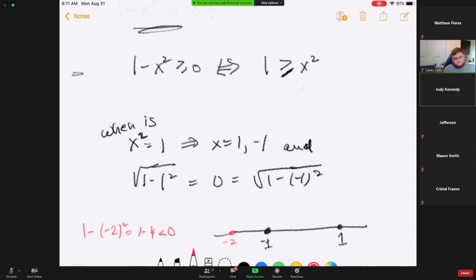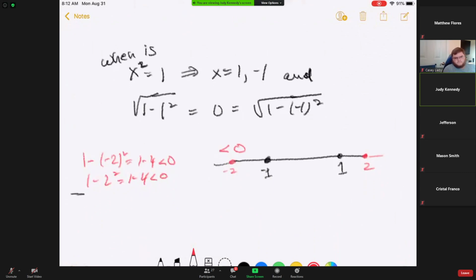So this whole interval is less than 0, because we got all the places where it can be equal to 0. On the remaining intervals, it's either got to be negative or positive, and it can't change over. Likewise, if I look at 2 over here, I get 1 minus 2 squared, also 1 minus 4, less than 0. So everything here is less than 0.